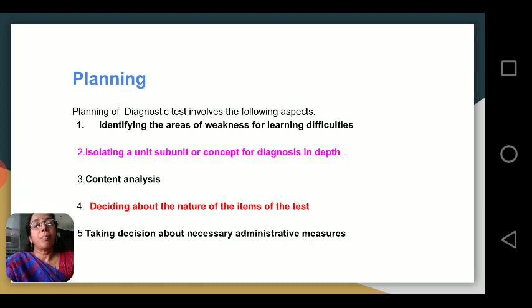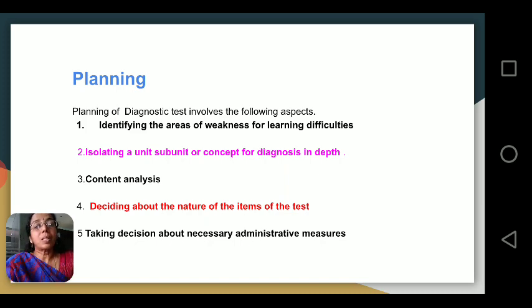Or by conducting a unit test or some sort of achievement test, if the teacher notices that there are gaps in the achievement of the learners, he or she can assume that there is some problem with the learners. It is sensing the weakness of the learners or sensing the learning difficulties of the learners.